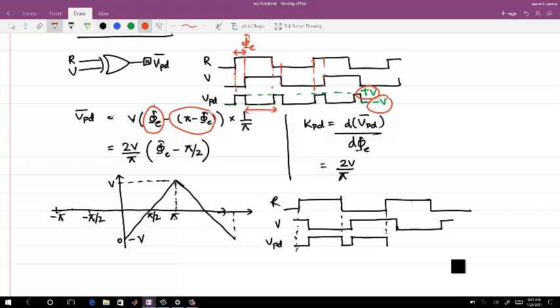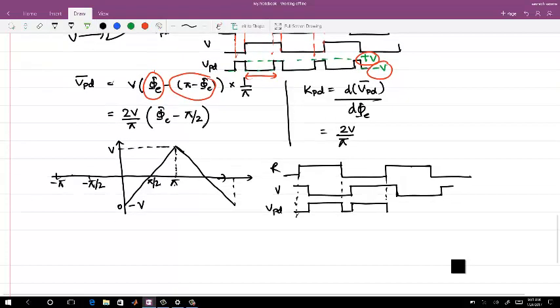Now, what we have considered here is only pi. So let me give another example where the phase error is pi by 2. If the phase error is pi by 2, I will plot on top of this.